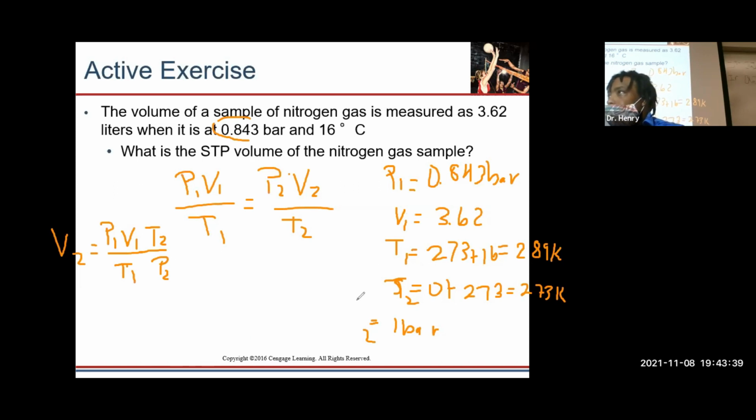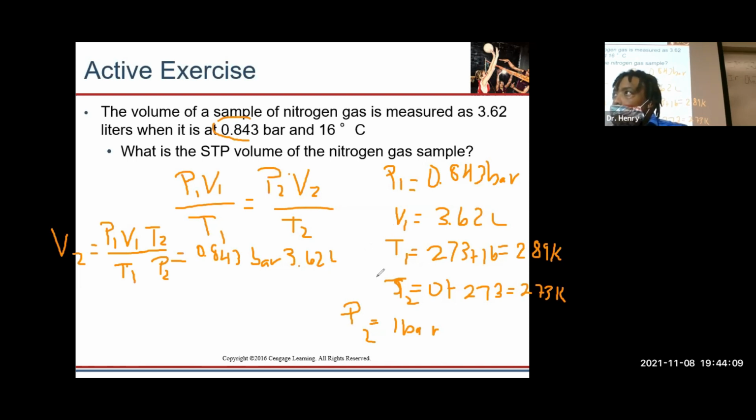Okay, so then we just plug and chug. Our P1 is 0.843 bars. Our volume is 3.62 liters.